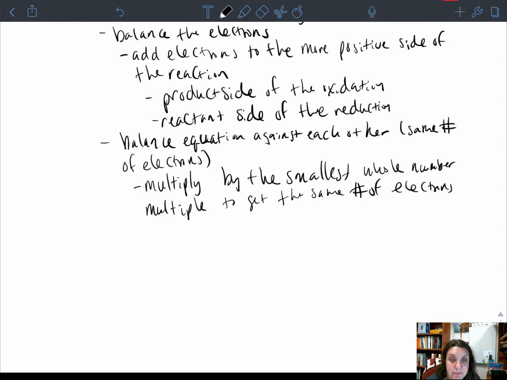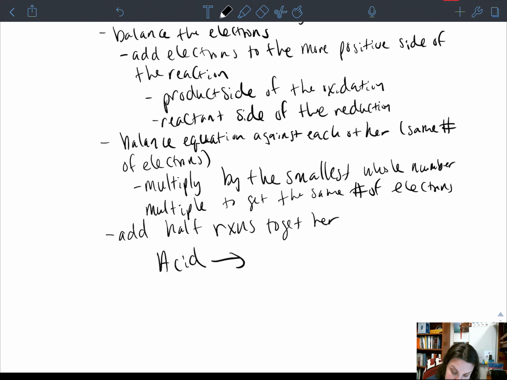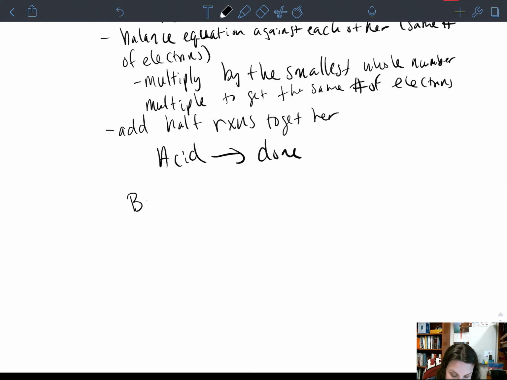Okay, then at this point you're going to add your half reactions together. Okay, and for your acid, done. If you are in base, we have additional steps.